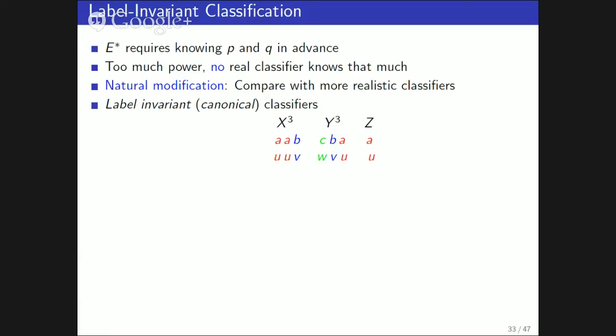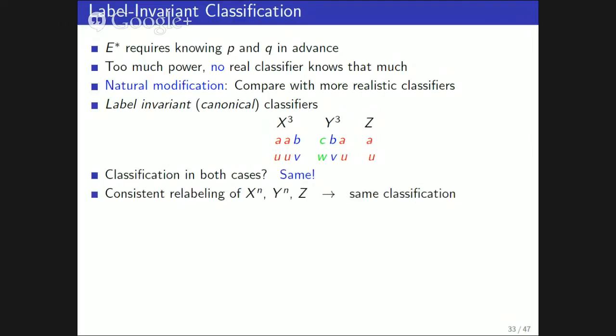Or if this was your classification in English and this is your classification in Chinese, they should be the same. The fact that you're using English here and your Chinese renaming should not make a difference. So these are what's called label invariant or canonical classifiers. Okay. So classification in both cases is the same. In other words, if you do consistent relabeling of all the triple, you're not just changing one, you're changing all of them, then you should end up with the same classification.